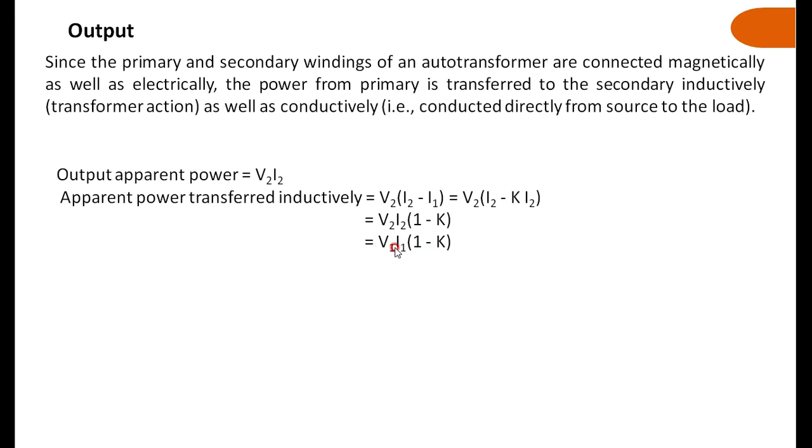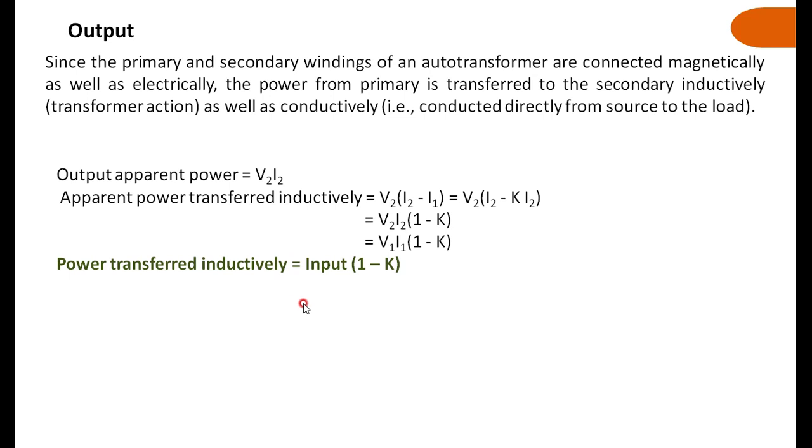V1 I1 is nothing but the input to the transformer. Therefore, the power transferred inductively is given by input times 1 minus K, that is 1 minus K times the input. This much power is transferred inductively.